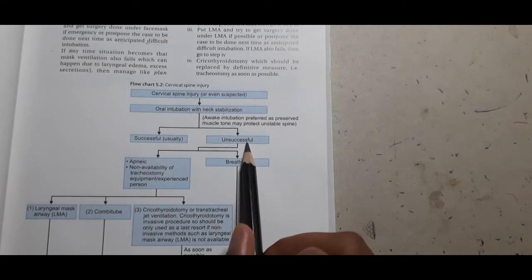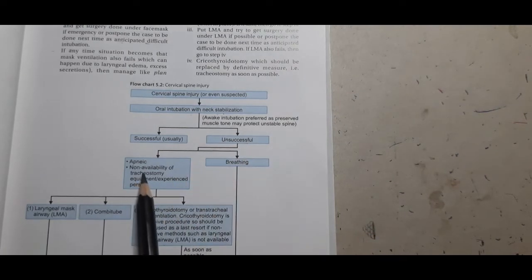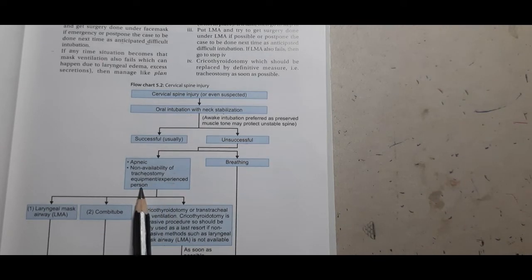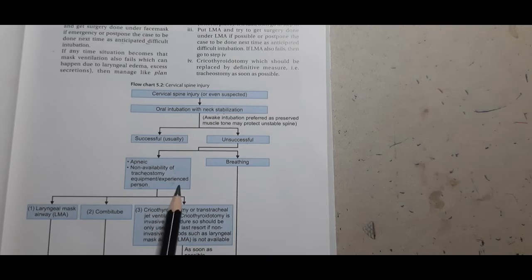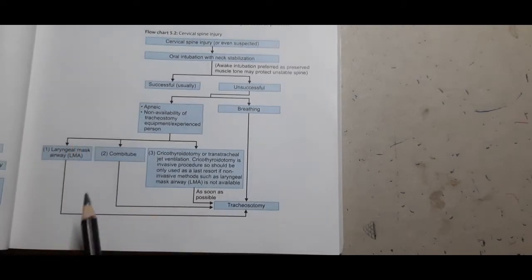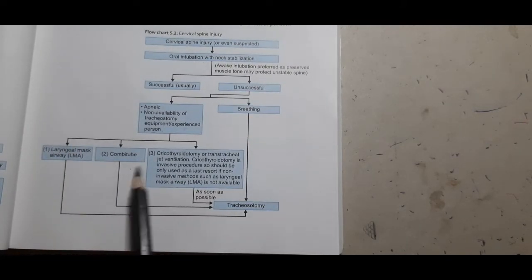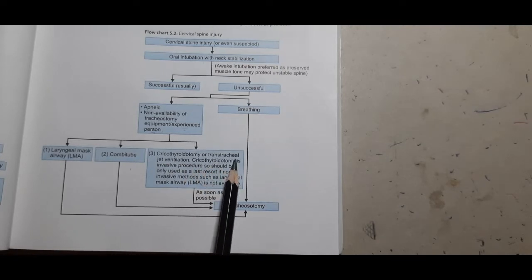If it is unsuccessful to intubate a cervical spine injured patient, or in case of apnea, or non-availability of tracheostomy equipment or an experienced person, there are three things you can do. In those cases, laryngeal mask airways can be used, or a combitube can be used, or cricothyroidectomy or transtracheal jet ventilation is done.